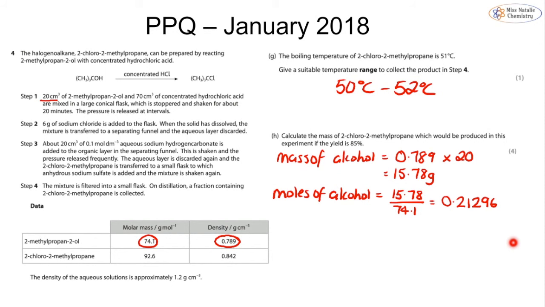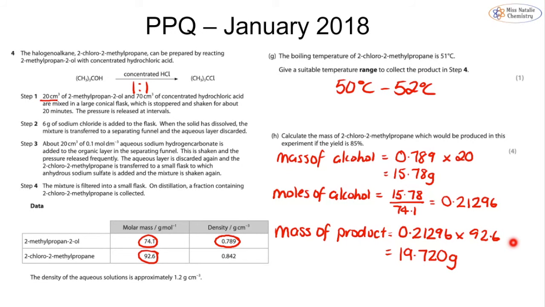These are in a 1-to-1 ratio, so that's going to be my number of moles of my 2-chloro-2-methylpropane. So I can then work out my mass of my product, which is going to be my number of moles multiplied by my molar mass, which is 92.6.